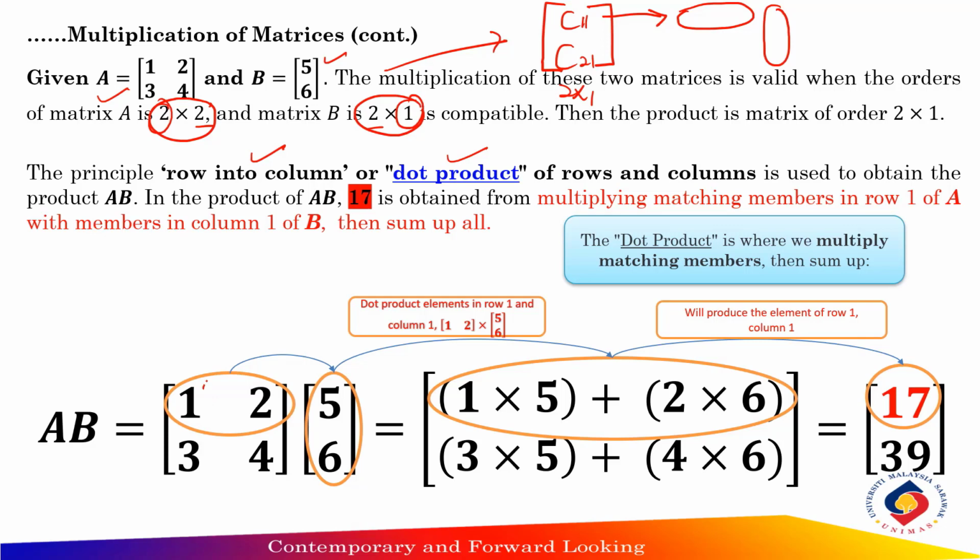As you can see here, 1 times 5 and 2 times 6, then sum up the products, and the answer is 17.